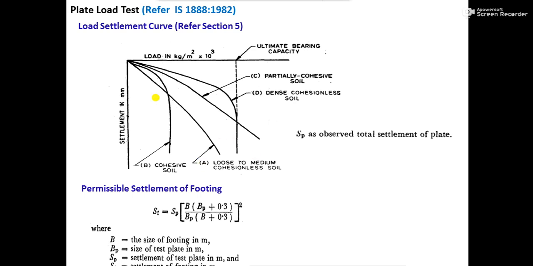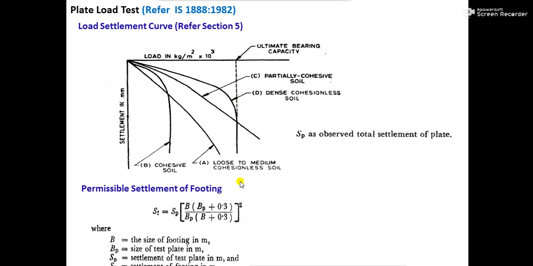So you see, in the case of dense cohesionless soil, you should be getting a curve something like this. And this is the behavior of general shear failure. Okay. In the case of loose to medium cohesionless sand, your curve may be something like this. And in the case of cohesive soil, your curve nature may be something like this. But don't think that you are going to get curves exactly like this.